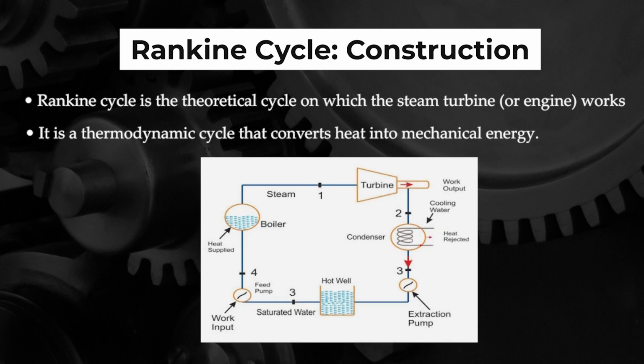In this picture, we are able to see the various components involved in the Rankine cycle: number 1 is the turbine, 2 is the condenser, then the expansion pump, the hot well, the feed pump, and the boiler. Various numbers are shown here so that we can mention these numbers in our diagrams also.